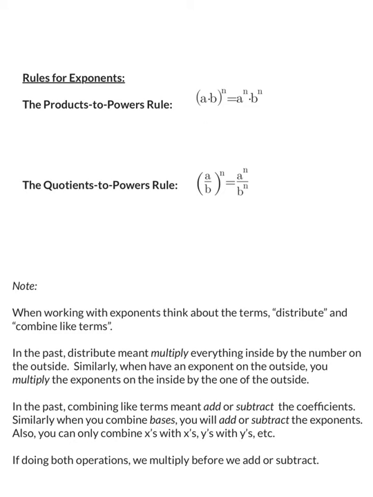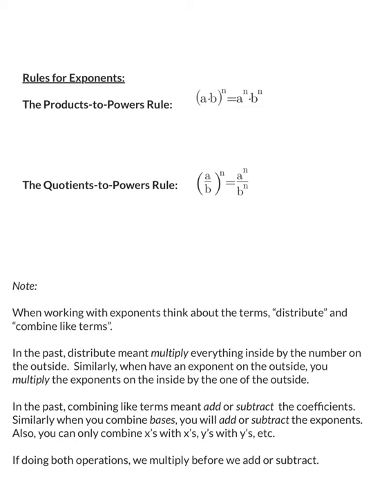This is not a technical distribution because distributing is always multiplication across addition or subtraction. But we can think of it as similar to distribution because everything inside the parentheses needs to be raised to the exponent that is on the outside.